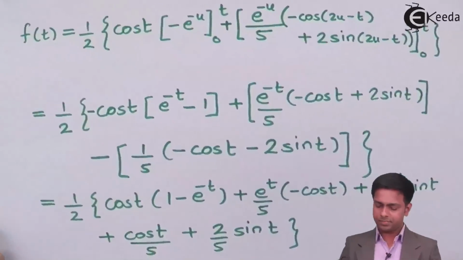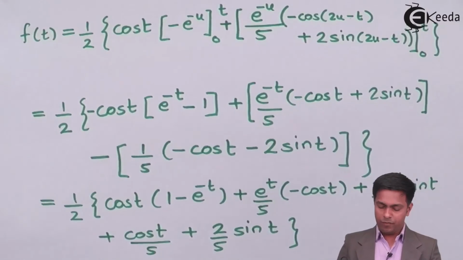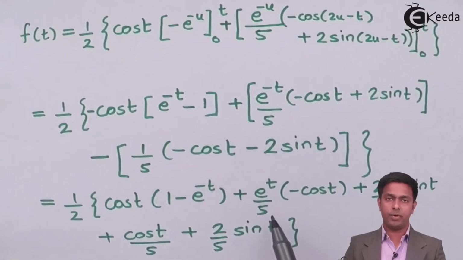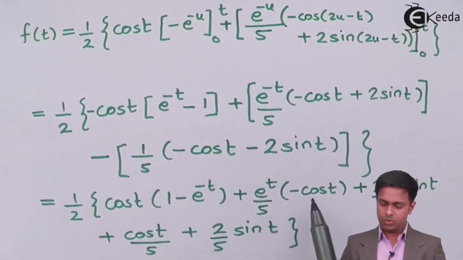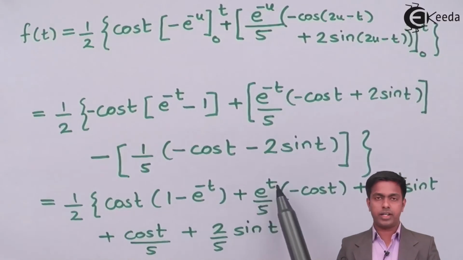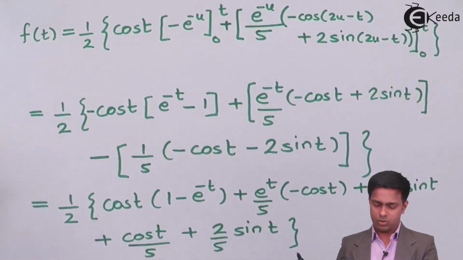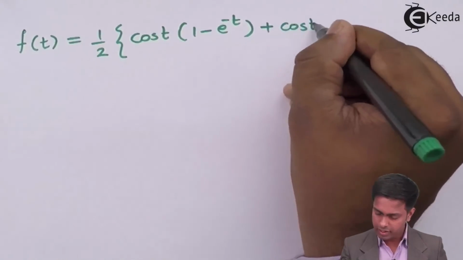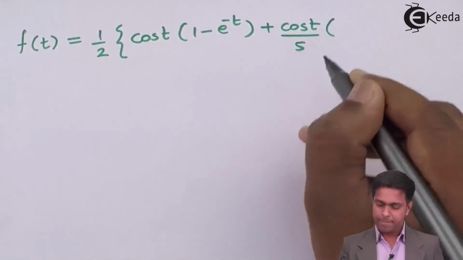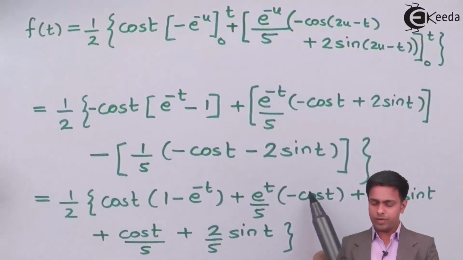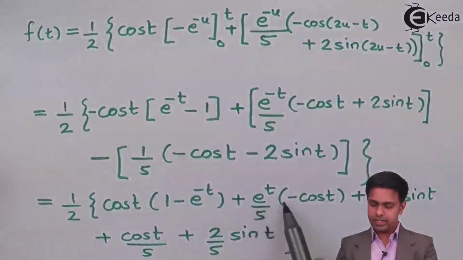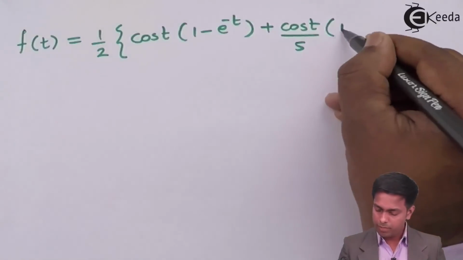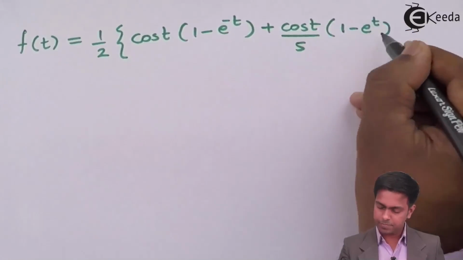Now guys, from these two terms I can take cos t upon 5 common, so I'll get e to the power t and 1 in the bracket. So here I'll say plus cos of t upon 5 common. Since I have taken cos of t upon 5 common, from here we'll get negative e to the power t, and from here I'll get positive 1. So 1 minus e to the power t.